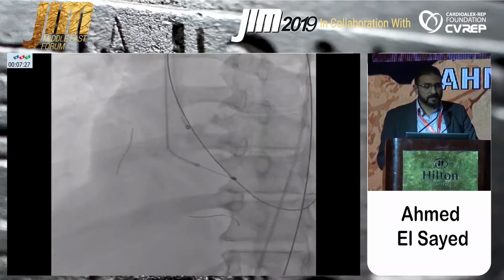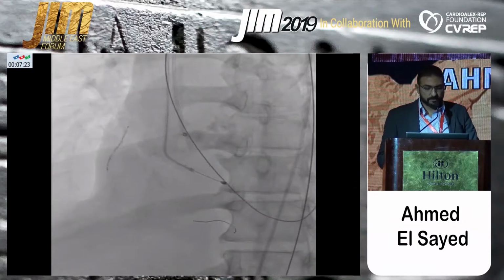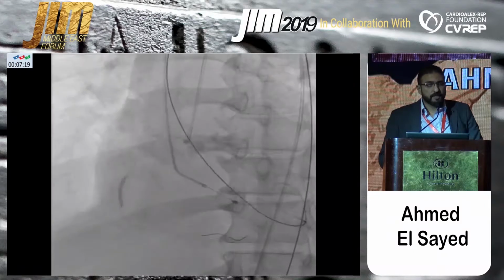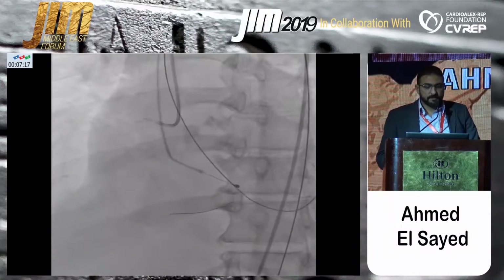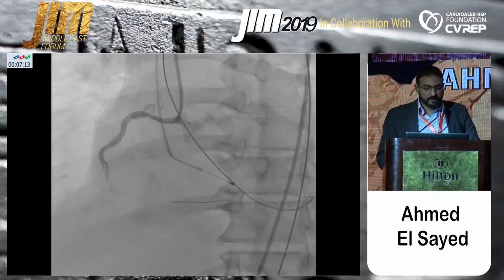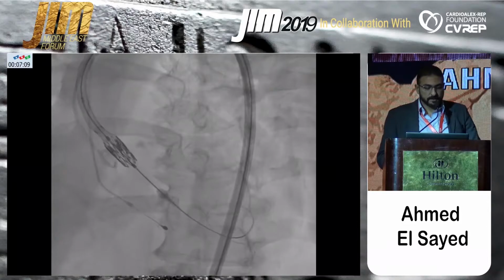We tried to advance a stent, but the stent stopped exactly at the site of the complete obstruction. Then we decided to take a larger, 2.5 balloon, and after inflating it, we had TIMI 3 flow in the right coronary artery. So we decided not to put in a stent and to proceed with the TAVR procedure.